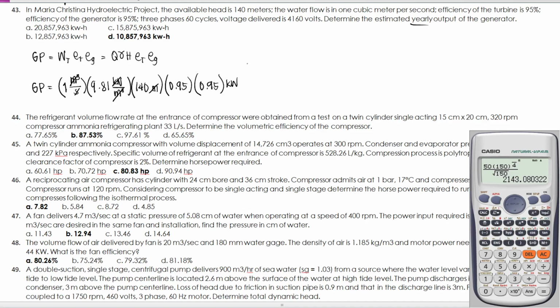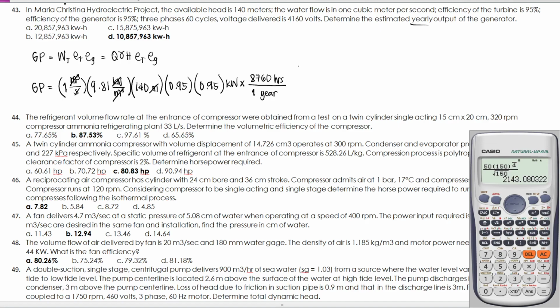Okay? So, gagawin lang natin siya energy in yearly basis. So, mumultiply lang natin siya to the number of hours in yearly basis. Kagaya ng ating na-discuss dun sa variable loads, tatandaan natin that for every 1 year, ang katumbas niyan ay 8,760 hours.